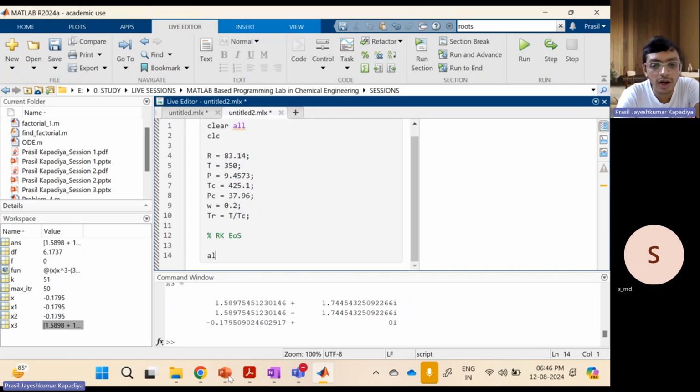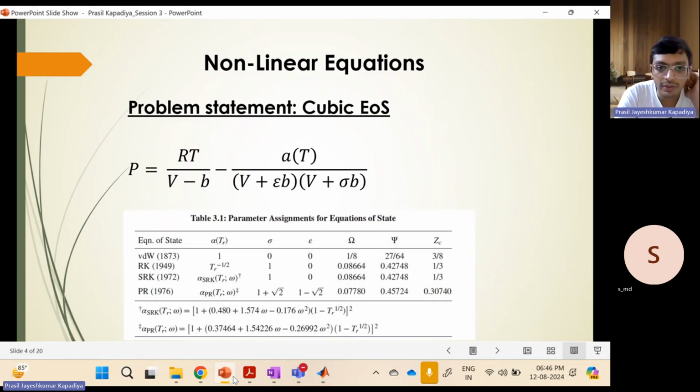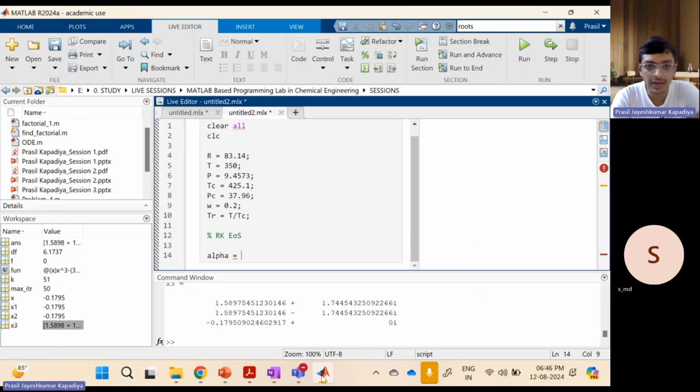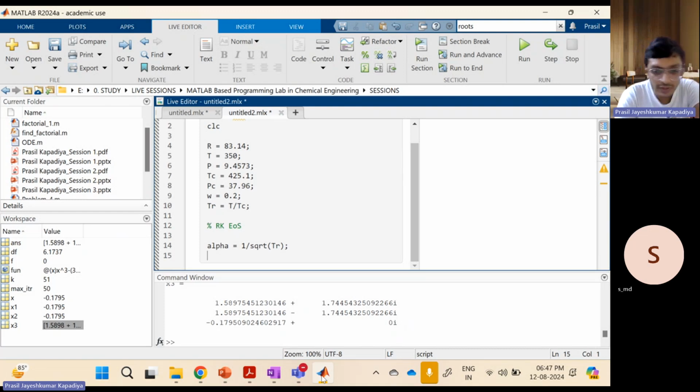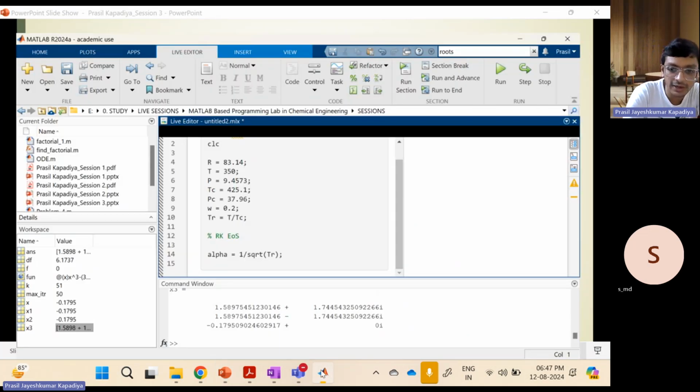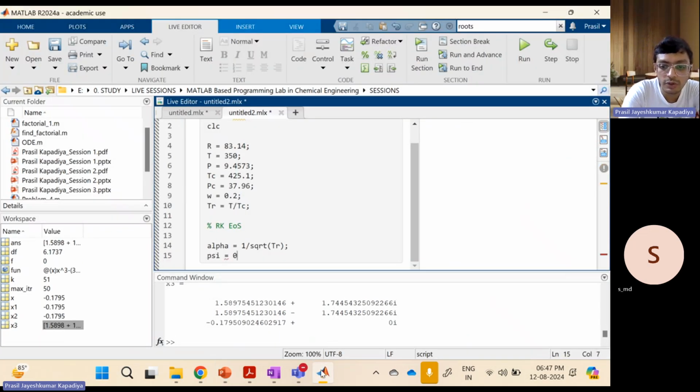So what is the value of alpha in the RK equation of state? It is 1 divided by square root of TR, or TR to the power minus 1 by 2. I will write it as 1 divided by SQRT of TR. This is my alpha. What is the value of psi? The value of psi is 0.42748.